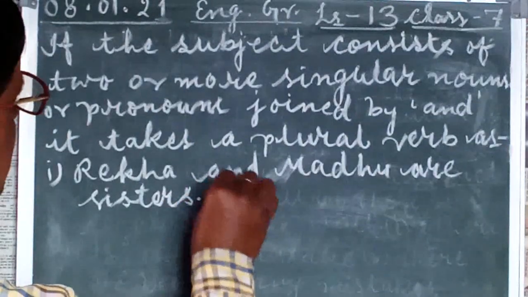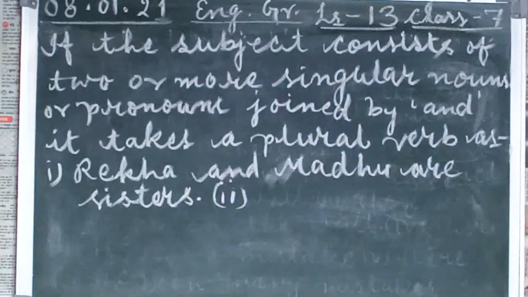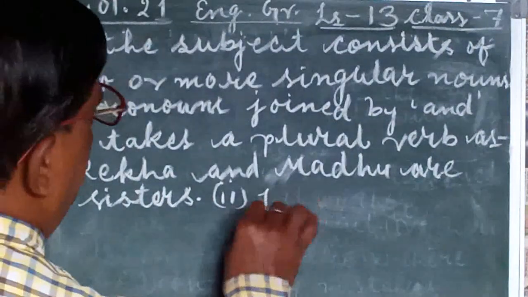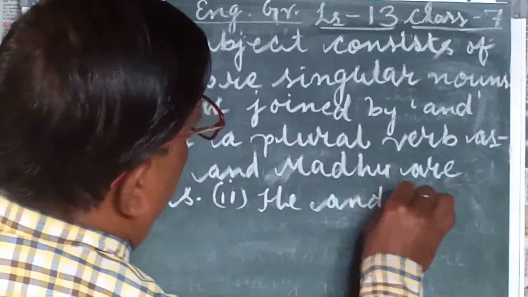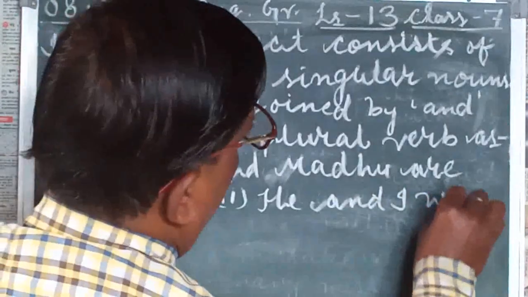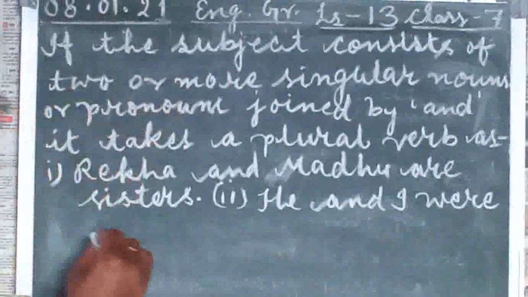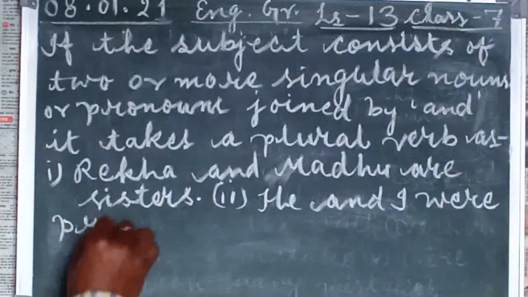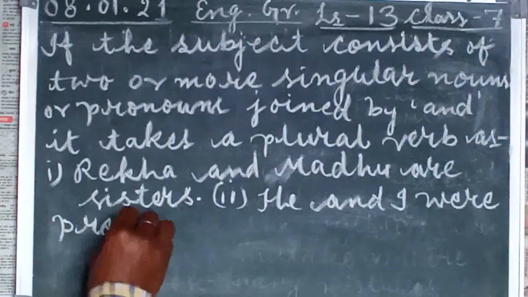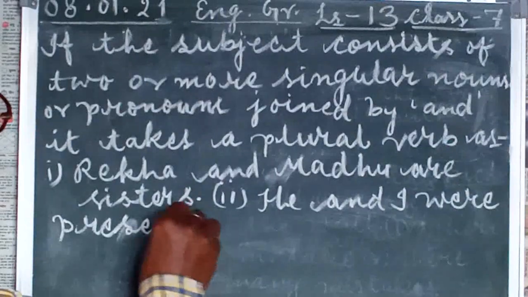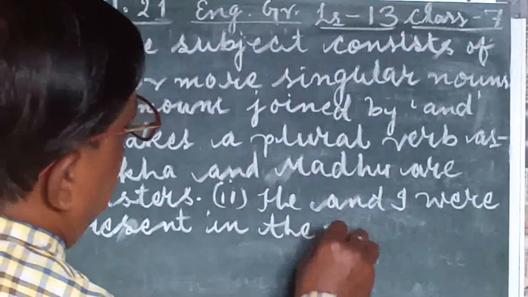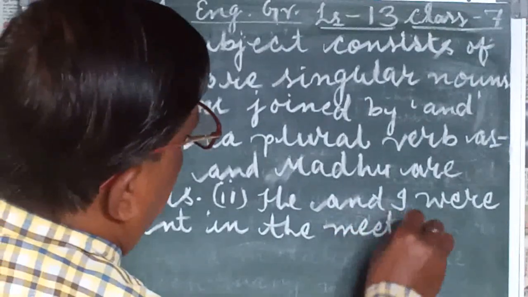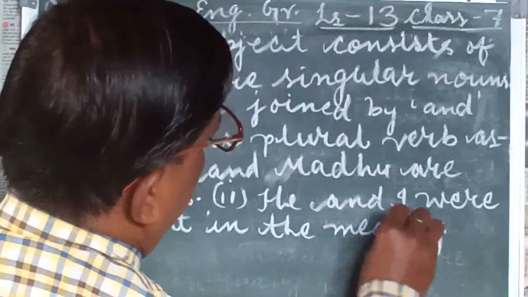Number two, another example: He and I were present in the concert. Present in the meeting also we can write here, in the meeting.